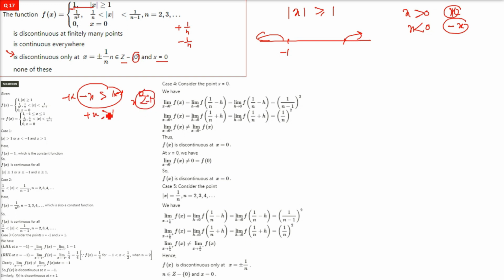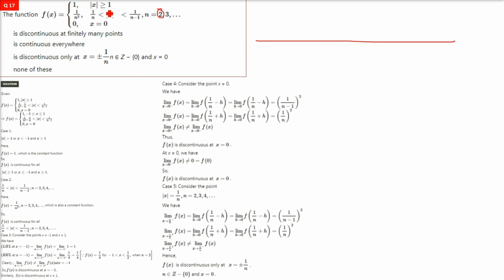So when you're talking about x greater than 1 and less than minus 1, you have to use the constant value 1. I hope you got the idea. When you are below minus 1, you are going to use this constant, and when you are above 1, you are going to use this constant 1. But what about values in between? Because we have mod x between 1 by n and 1 by n minus 1.